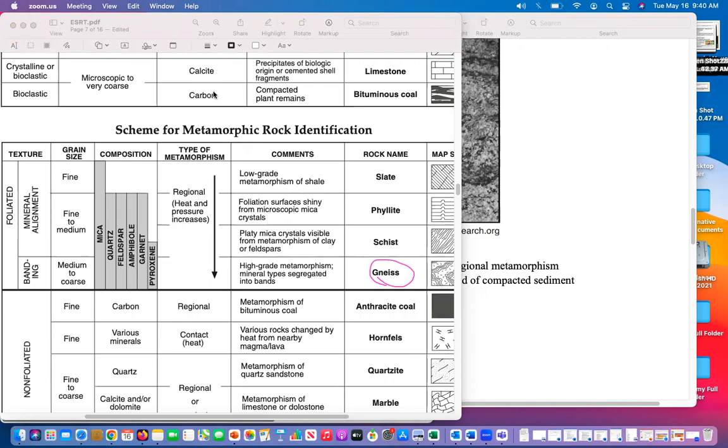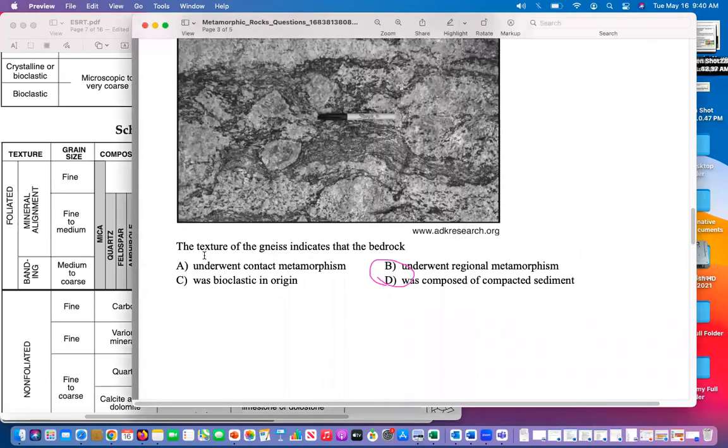And so when I look at the question, it says the texture of this gneiss indicates that the bedrock is what? The bedrock is blank.